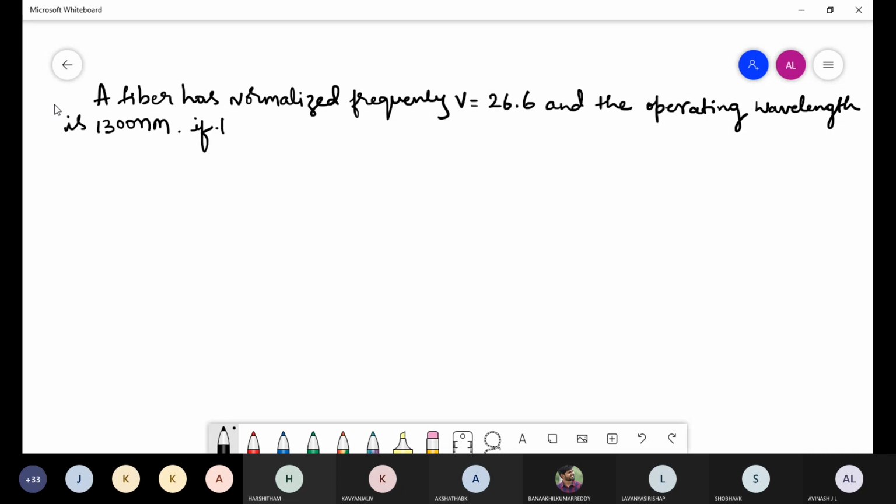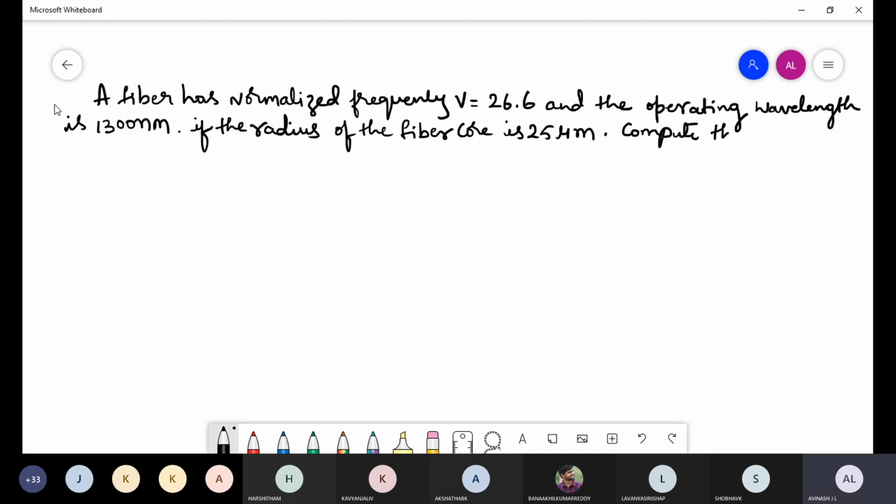If the radius of the fiber core is 25 micrometers, compute the numerical aperture.